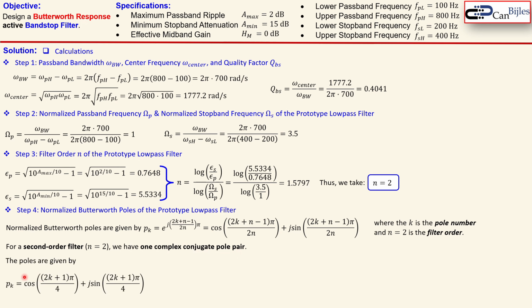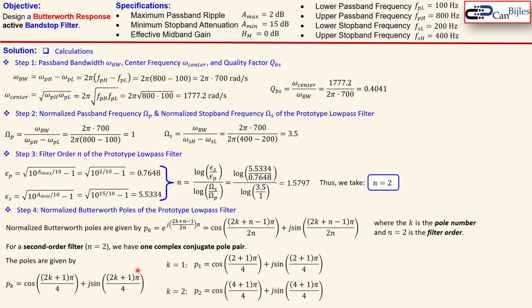Okay, these poles are given by this formula using this expression. You see already that we have to substitute 2 times 2, so that will be just 4 here in the denominator for the cosine, also for the sine. The only thing we need to change is the k, so k will be 1 and k will be 2, and that's shown here. So for k is 1 you get this expression, and for k is 2 you get this expression.